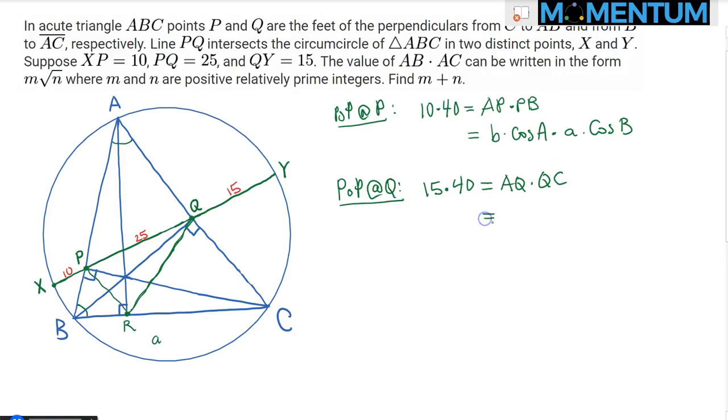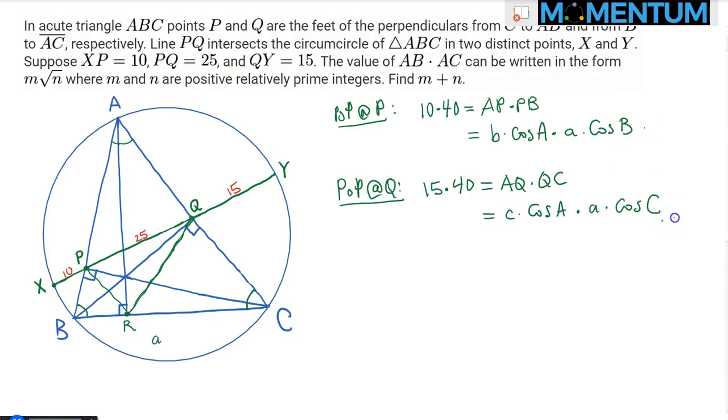Well, AQ is, again using angle A, that would be C times cosine of angle A, and then QC, this time I can use angle C here, so that would be A times cosine of angle C.